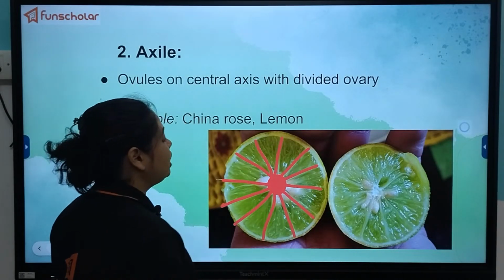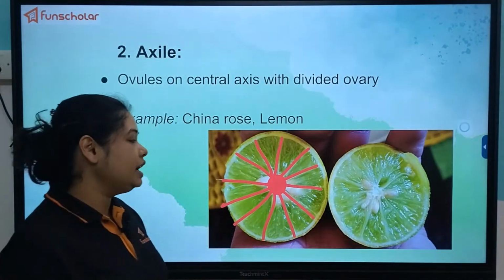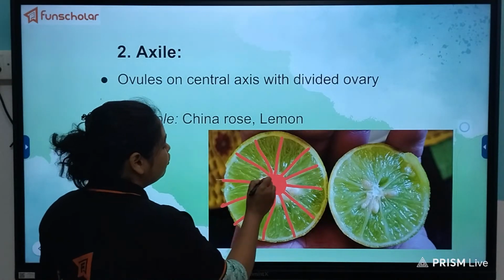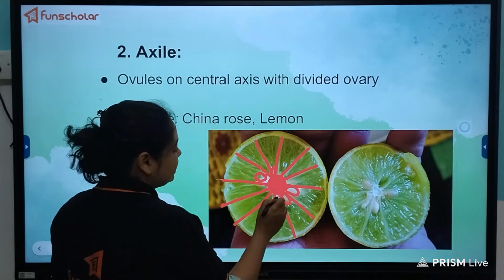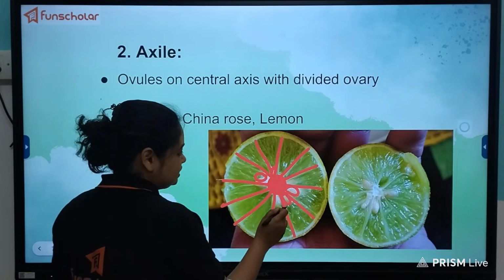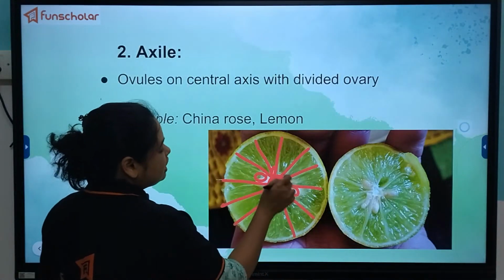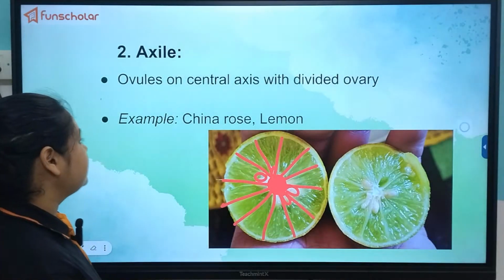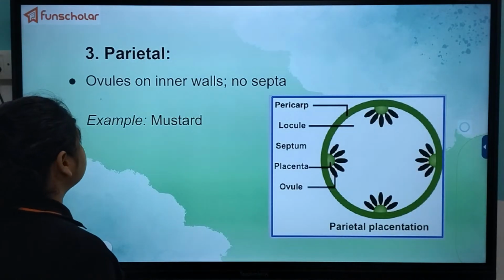So this is a multilocular, or multi-chamber, ovary, and in each chamber you will see that the ovules are situated, right? So ovules are attached to the central axis, and they are present in the multiple chambers into which the ovary is divided. Such an arrangement is known as axial placentation.